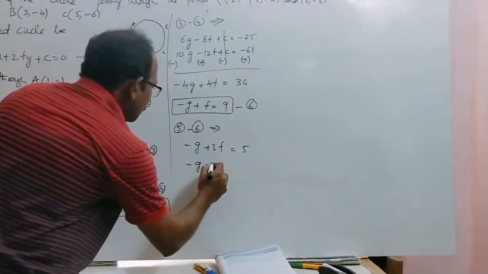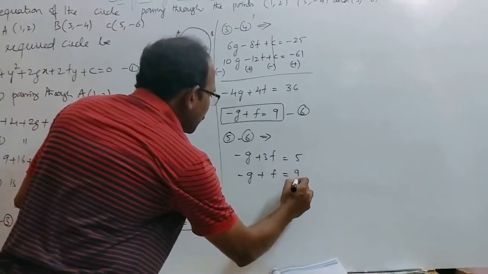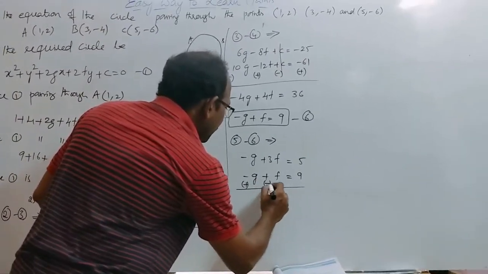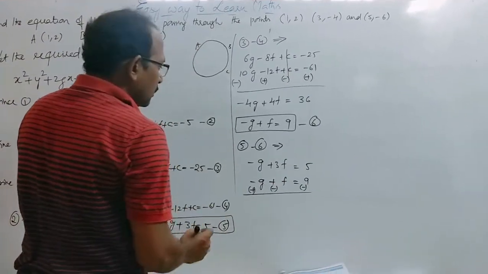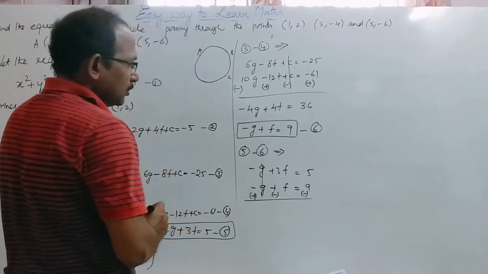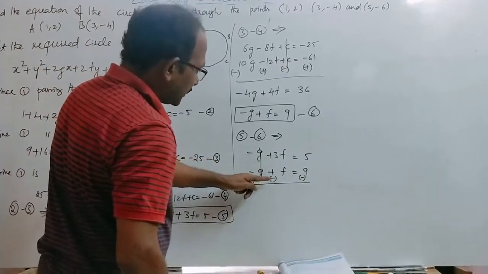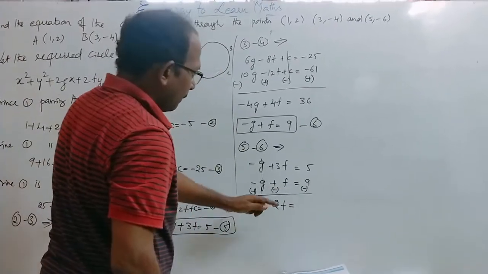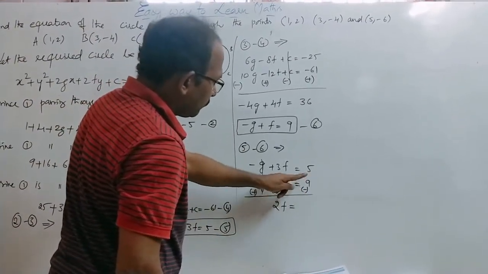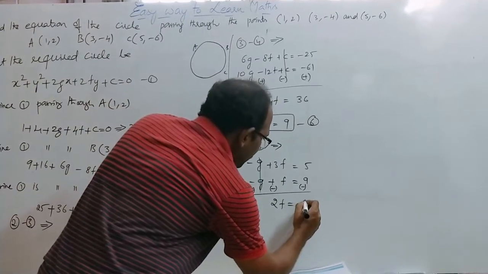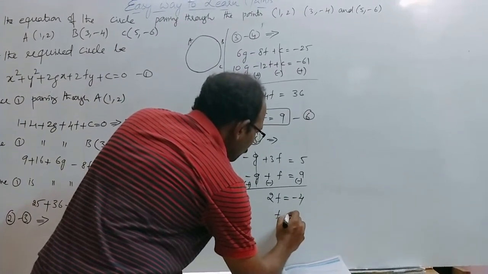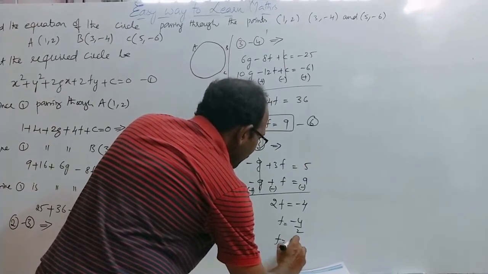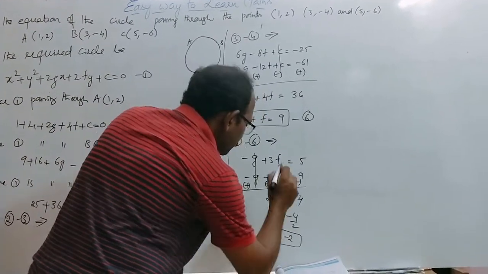Equation 6 is minus g plus f is equal to 9. Subtraction: minus g minus g gets cancelled. Then 3f minus f, 2f, is equal to 5 minus 9, which is minus 4. Therefore f is equal to minus 4 by 2. Therefore f is equal to minus 2.